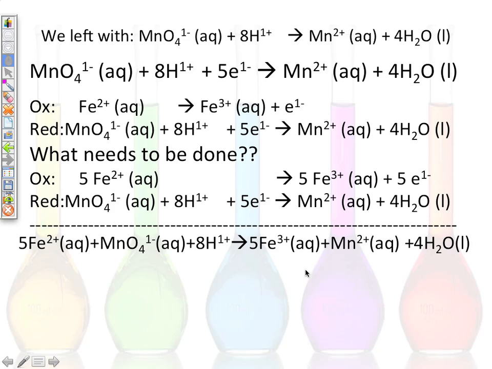You can beat it. So we have 5 iron 2 plus ions plus the manganate ion, MnO4 1 negative, plus those 8 hydrogens that we had to add because we added the water on the other side, forming 5 iron 3 plus ions plus the manganese 2 plus ion and those 4 waters that we had to add because of the oxygen for the manganate ion.